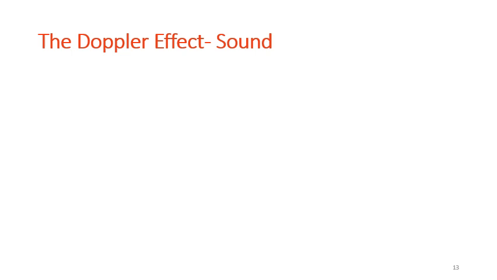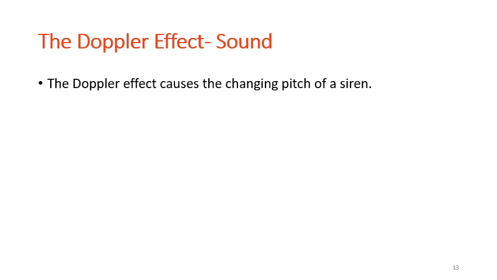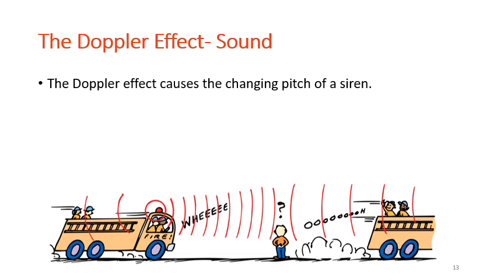Okay, now let's consider a few examples of the Doppler effect. The first one is sound. Actually, I discussed this example earlier in the beginning, about the fire truck with a siren. The Doppler effect causes the change in the pitch of a siren.